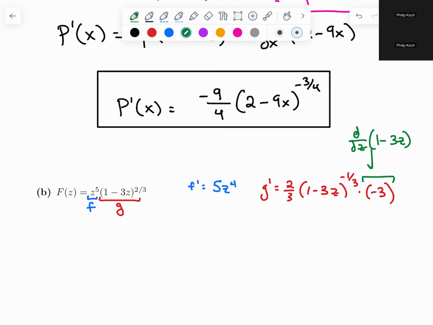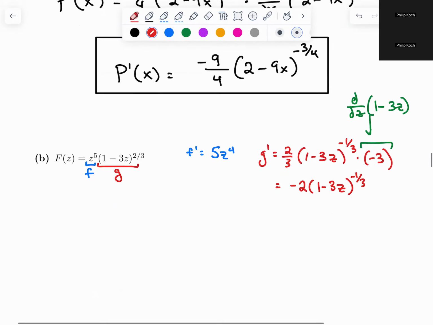And so we can pretty that up a little bit, which I would recommend. So this is negative 2 times 1 minus 3z to the negative 1/3. So we have everything we need. We can use the product rule, f prime g plus g prime f.